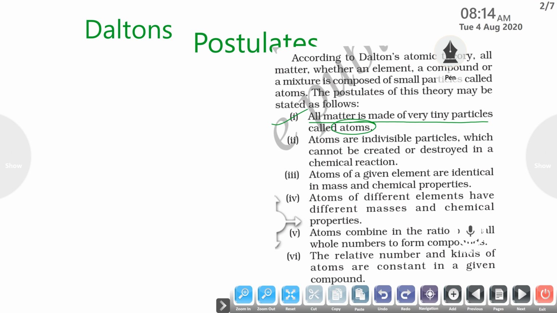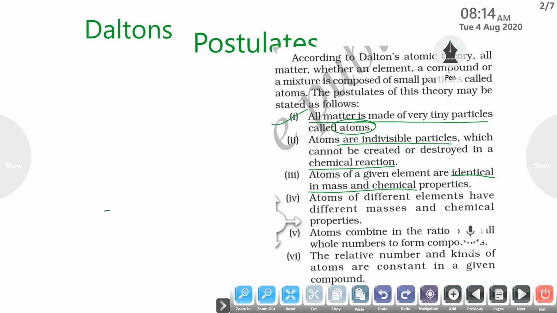Second, they are indivisible particles which cannot be created or destroyed in a chemical reaction. That means the atoms are obeying the law of conservation of energy here.